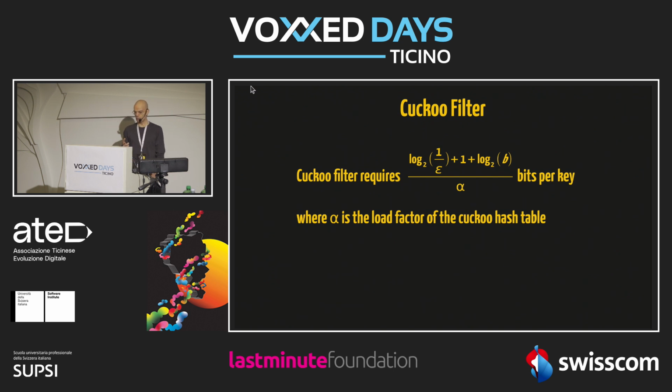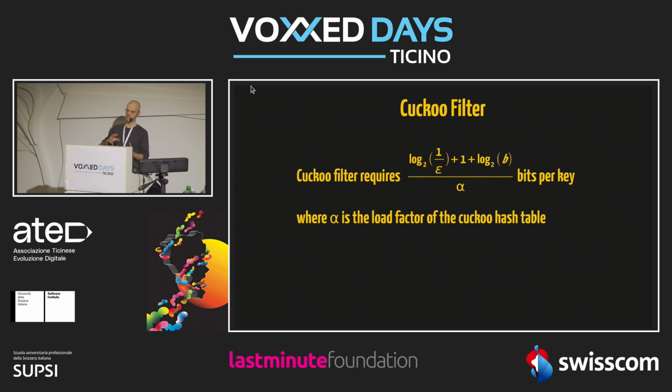As for the memory occupation, we have this ugly formula that shows how many bits per key we use, but in general it's sufficient to know that this is slightly lower than the Bloom filter memory occupation. So it's a bit better, especially for big hash tables, and it supports deletion.